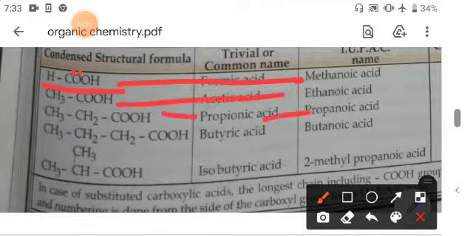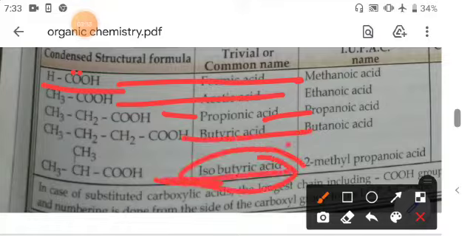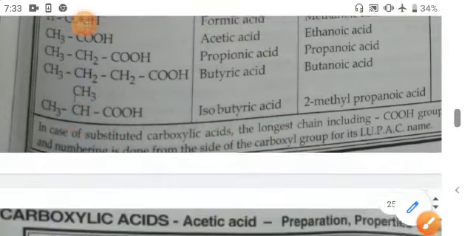Then propanoic acid, then butanoic acid, then isobutyric acid. In IUPAC it is called 2-methyl propanoic acid, since the methyl is attached at the second position, 1, 2, 3. So this one is 2-methyl propanoic acid.